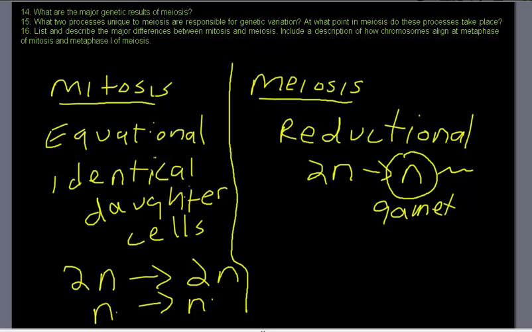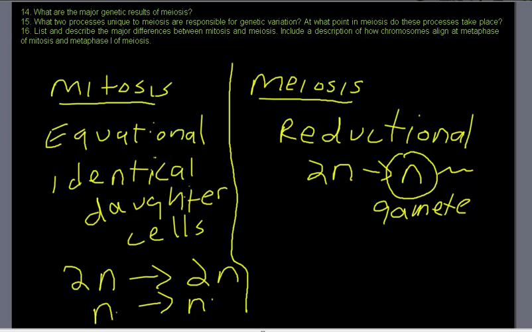And once we fertilize it, we can take this N and go back to 2N. And that's the sexual life cycle. You start out as a diploid, you make haploid gametes, and you make a zygote, and that zygote is diploid. That zygote then divides by mitosis and makes a whole bunch more diploid cells, which eventually makes a human, or whatever organism you're working with.